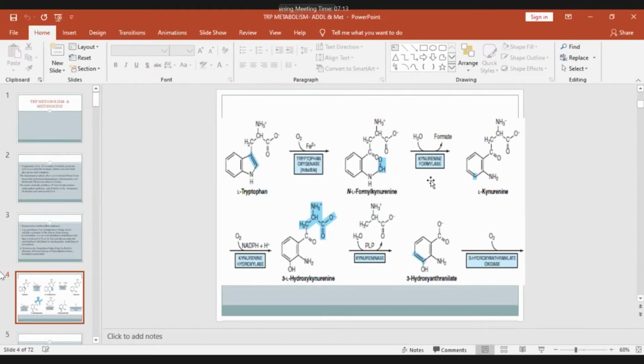Formyl kynurenine is then acted upon by kynurenine formylase. So the formate group is removed as a one carbon unit, and then kynurenine is formed. So formyl kynurenine, on removal of the formyl group, becomes kynurenine.